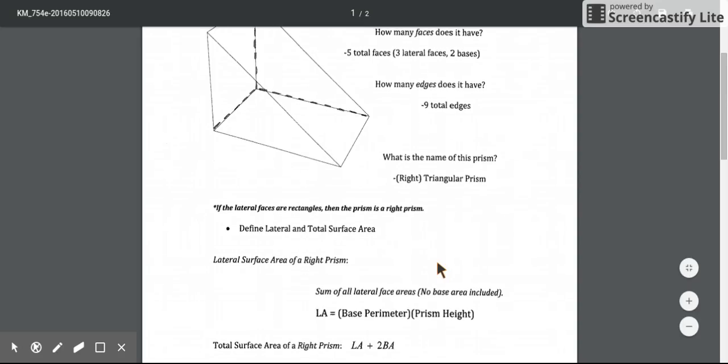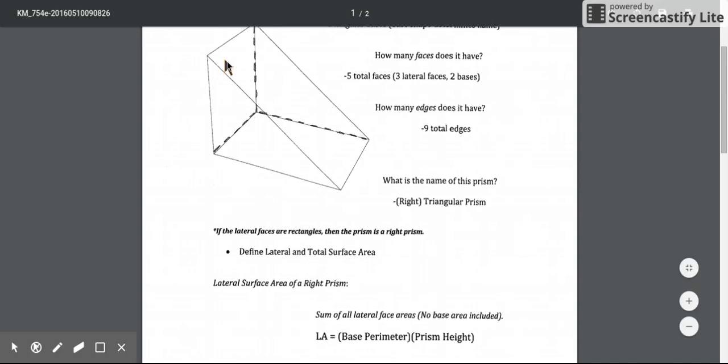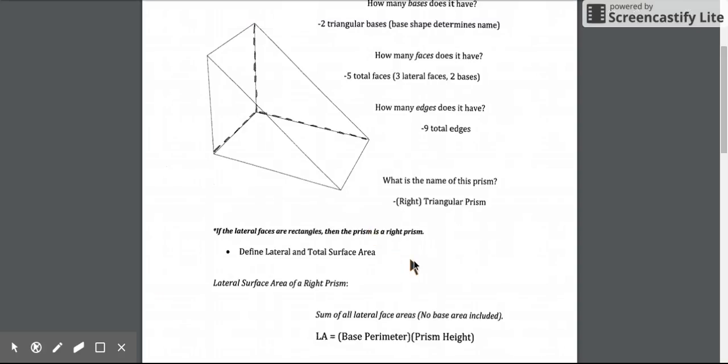So when we find the lateral area, it is true that we can find the area of each of these two-dimensional shapes. So if I find the area of this rectangle in the back left here, and the area of the rectangle on the bottom, and the area of the rectangle going down the top here, and add all those together, that would be the lateral area. But there is a shortcut, and we'll talk about why we're allowed to take this shortcut. But here it is.